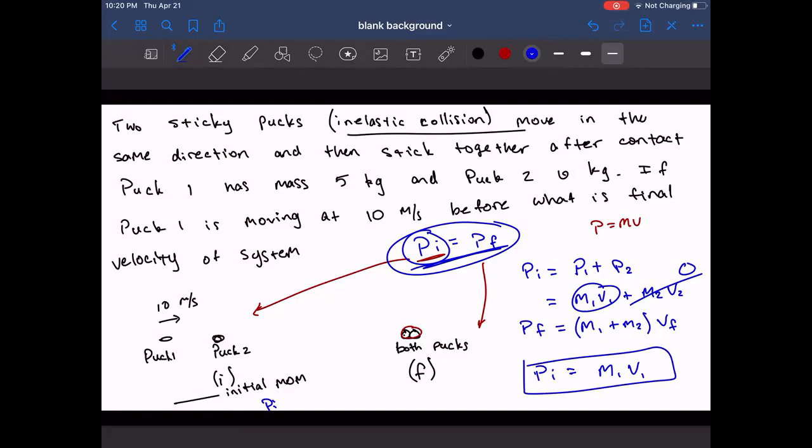Yeah? Okay. If you understand that, as long as you are careful with your picture and you understand all that good stuff, then you can say the same exact thing. The same principles apply. What's the final momentum? Well, let's go back.